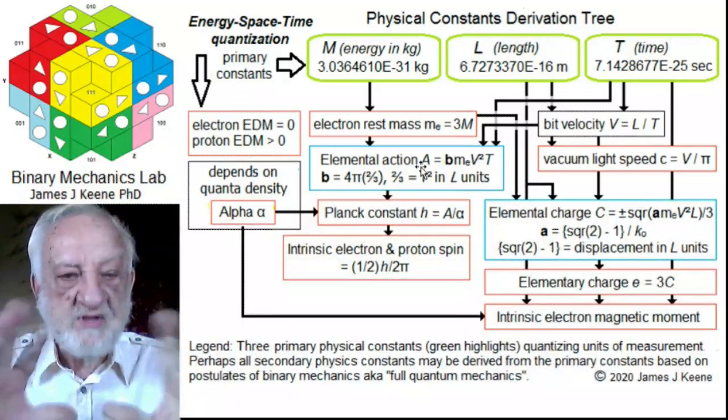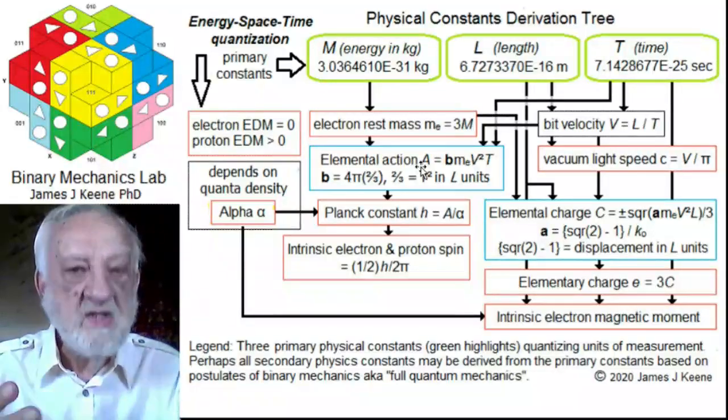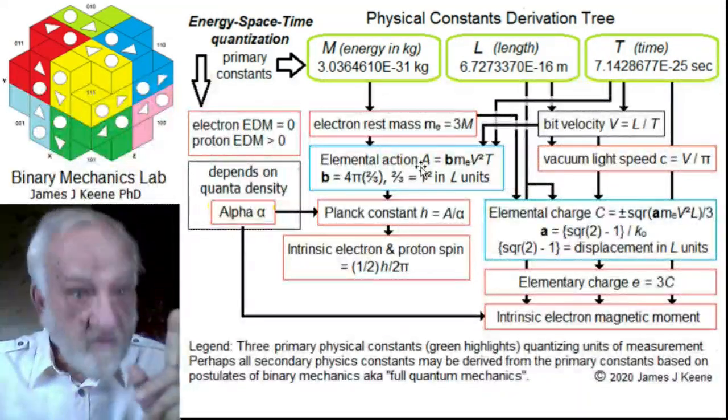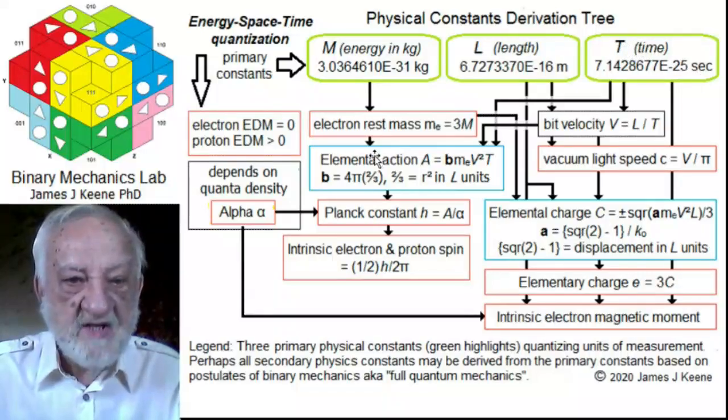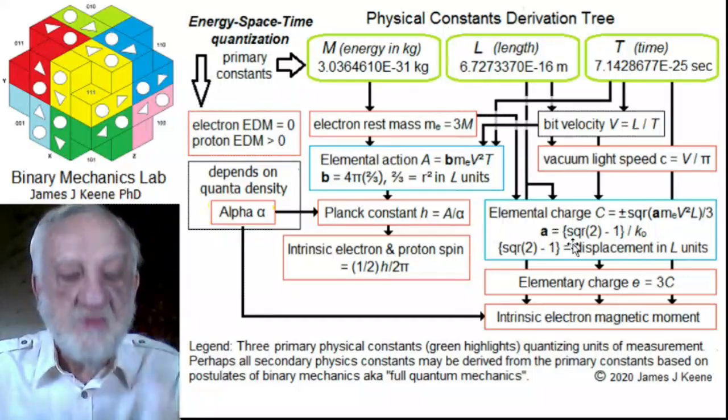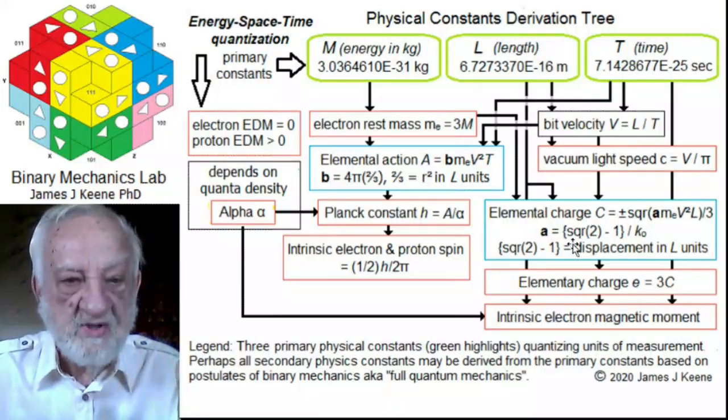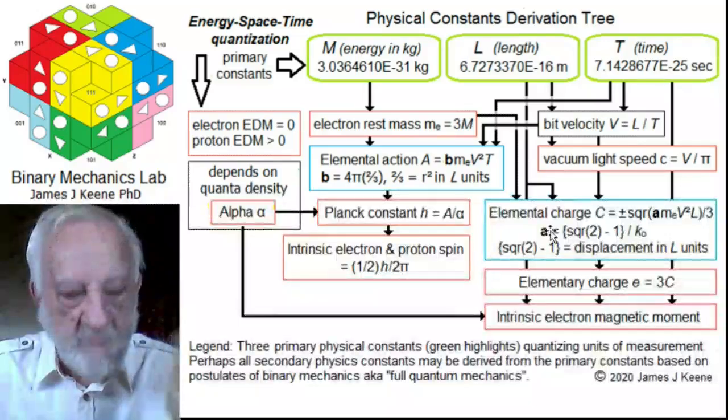All of this was set up in spreadsheets to confirm that these quantities for energy in kilograms, length in meters, and time in seconds, according to the equations shown here, give you the observed measured values. That is a critical point.